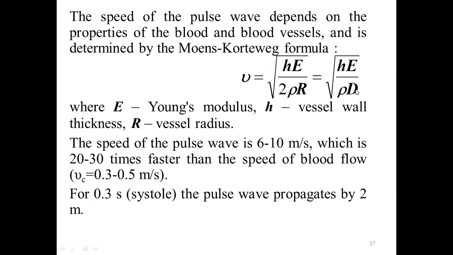The speed of the pulse wave, which we estimate according to this formula, is 6 to 10 meters per second, and this is many times faster than the speed of blood flow in our arterial system. If we take the systolic period, the period of contraction of our heart, which is estimated to be 0.3 seconds, the pulse wave propagates by 2 meters in this time.